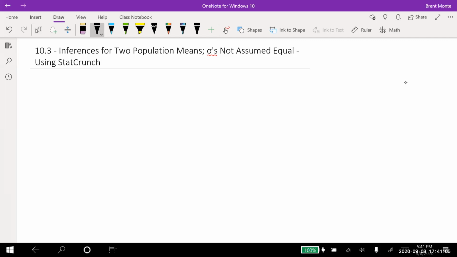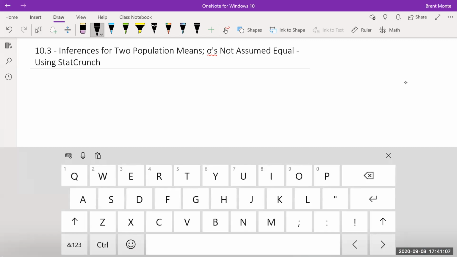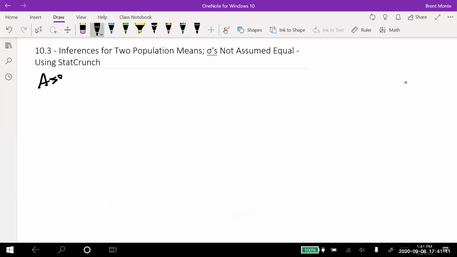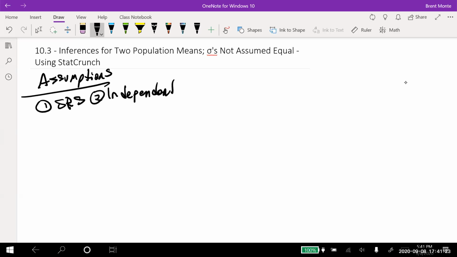So same things as before, when I go through and do this, I still have the same assumptions. Simple random sample, independent samples, normal populations or large samples.